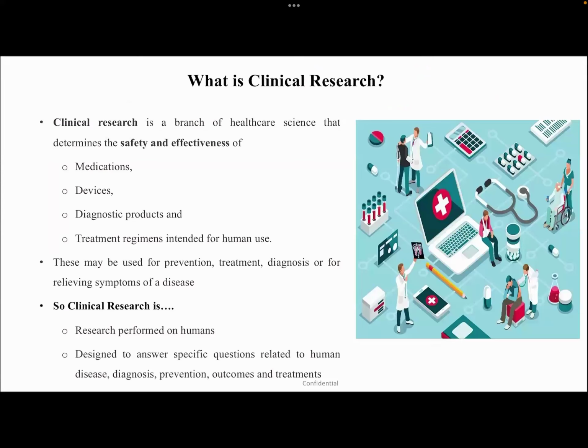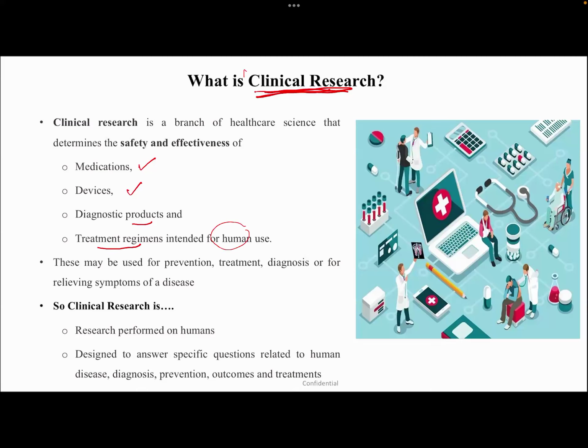So what is clinical research? It is also a question they ask you when you go for any interview. This is when you want to discover medicines, devices, even diagnostic products, or any treatment that you want to use for a human.